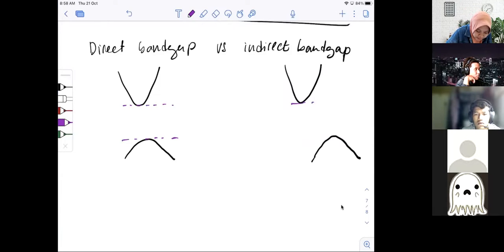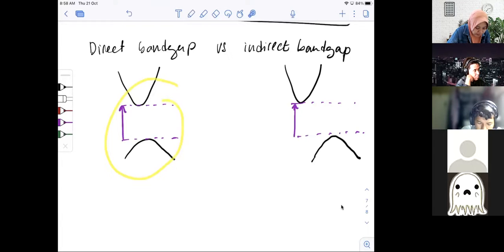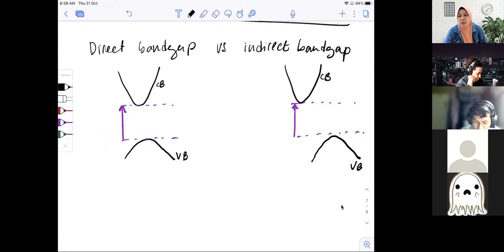The energy band gap is this, between the minimum and maximum. For the direct band gap, the minimum coincides with the maximum of the valence band. And for the indirect band gap, the minimum is indirectly coinciding with the valence band.